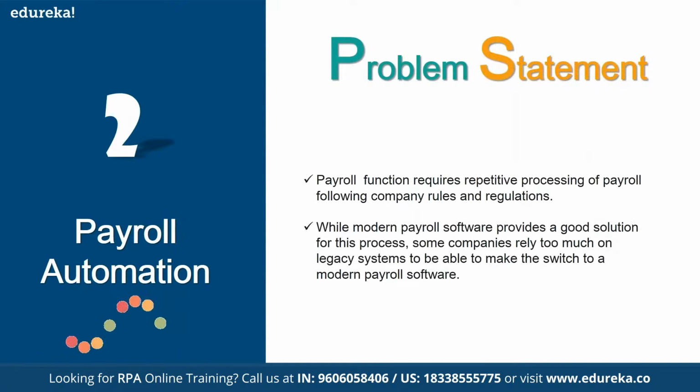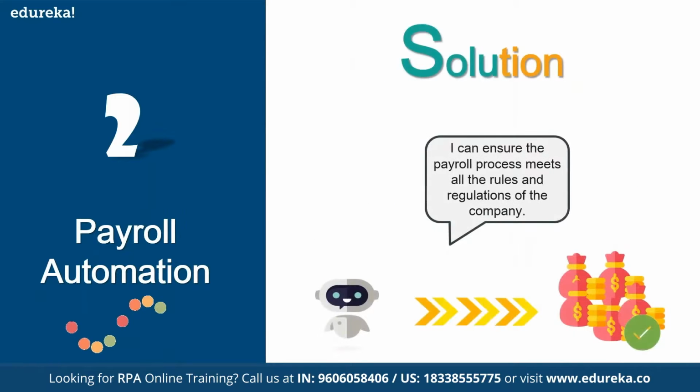Payroll will have different conditions based on which the payment should happen to the employees. All those conditions can be managed by your RPA. It can ensure the payroll process meets all the rules. Payroll processing will have thousands of rules based on which your payment will be released. Have you ever experienced that you are expecting a monthly salary and you got 5,000 extra this time all of a sudden, or 5,000 less?